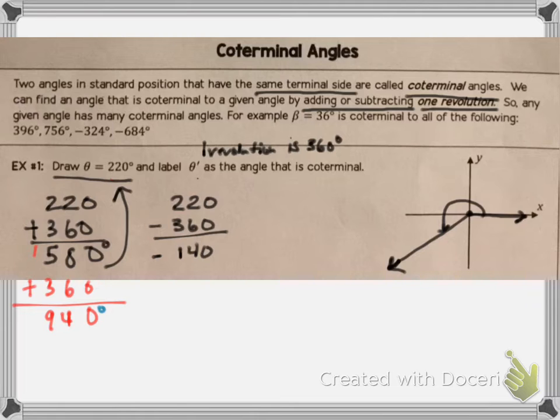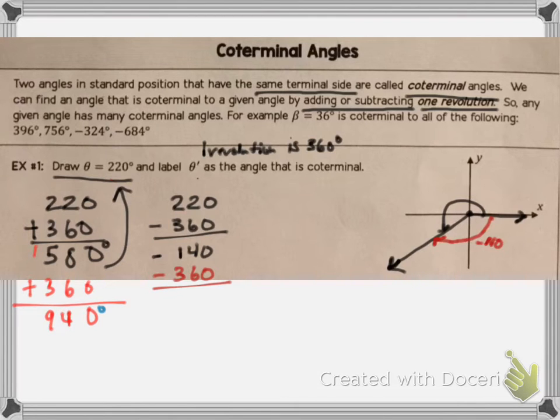So, again, this is a negative angle, so I'm going to draw it in a clockwise direction. I'm going to start from my initial side, and then go to this terminal side of the angle. So this angle is negative 140. If I wanted to draw another negative coterminal angle, remember I'm just adding or subtracting one revolution, so I'm going to subtract because I want another negative angle. If I add, I'm going to get that 220 angle back.